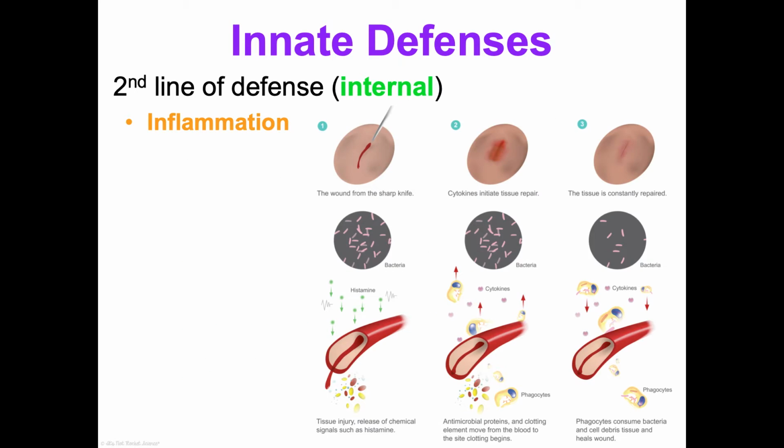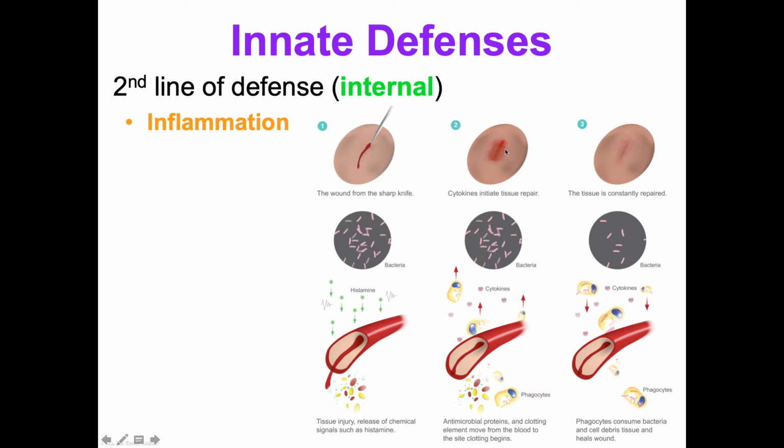So I like this picture because it shows what could be happening under the surface of the skin as your body is, say, repairing itself from a cut. So let's say you're wounded by a cut from a sharp knife and bacteria enter that wound. Your immune cells and your injured tissue cells are going to release those inflammatory chemicals like histamine, so those would get released in your blood.